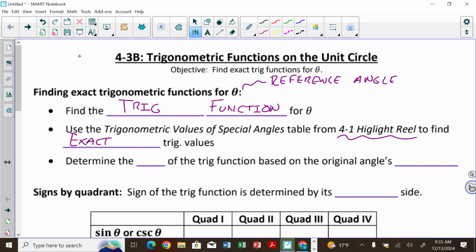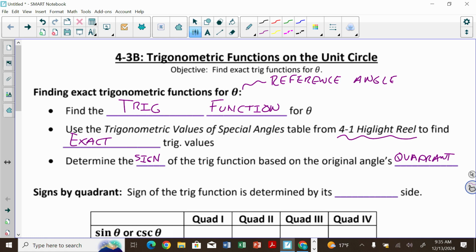All right, so now when we want to determine the sign, whether it's positive or negative, that's the next thing we're going to talk about: we determine the sign based on the original angle's quadrant. So where are we at? What quadrant we are in will determine the sign, whether it's positive or negative.